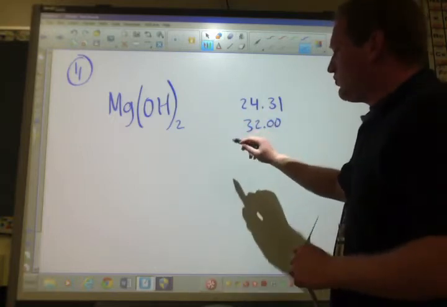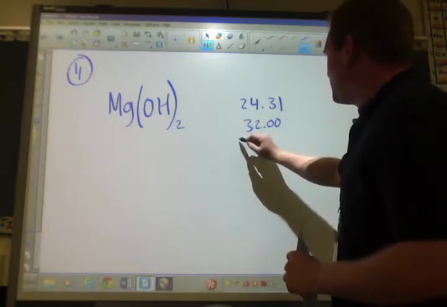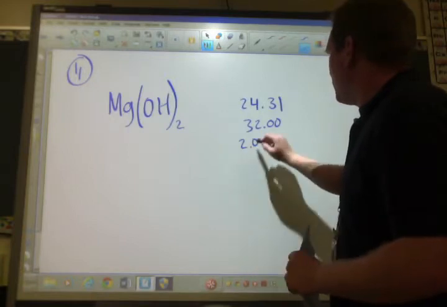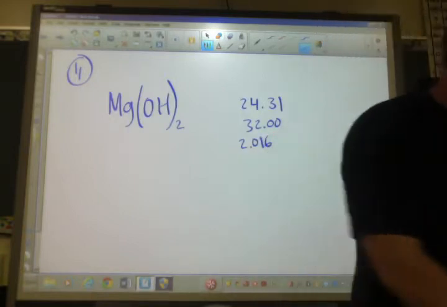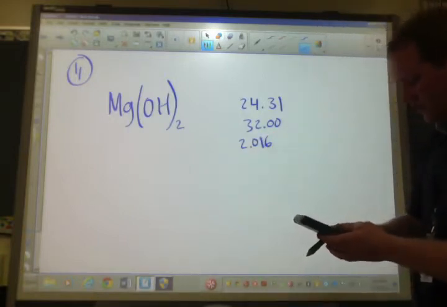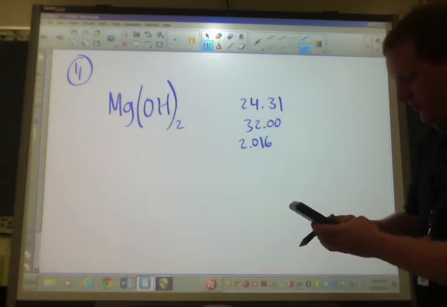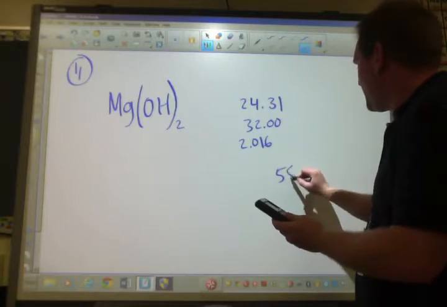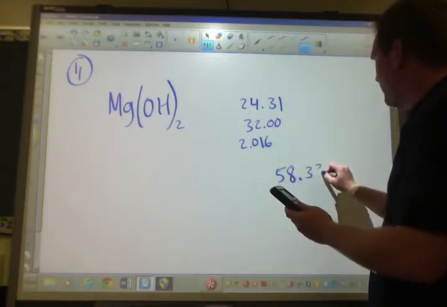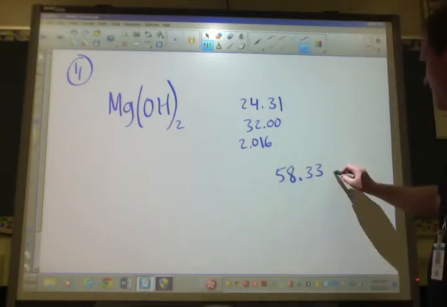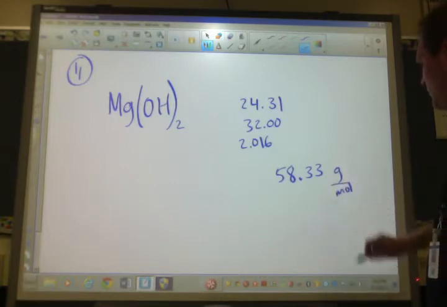For hydrogens, it's 1.008 times 2, which gives me 2.016. Adding the 3 of these up, 24.31 plus 32 plus 2.016 equals 58.33, and my unit there is grams per mole.